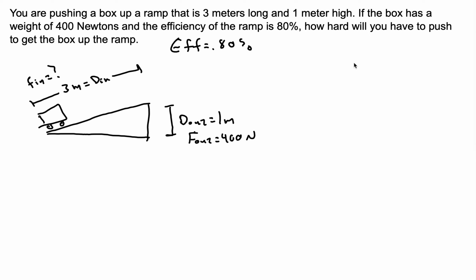So this time we can't say that the work in is equal to the work out. That's not going to be true. We're going to lose some of our input work. Some of our input work will be converted into heat. And so for this one, it's the efficiency times the work in equals the work out.